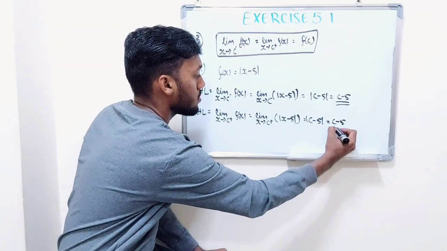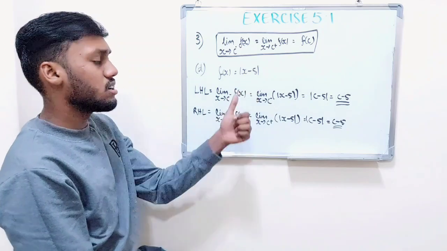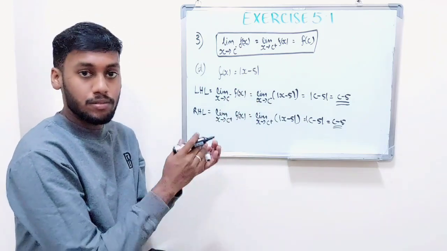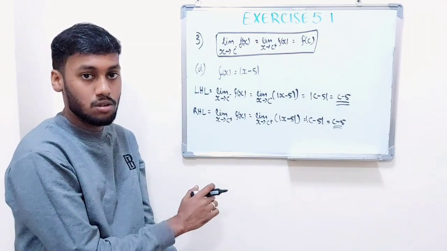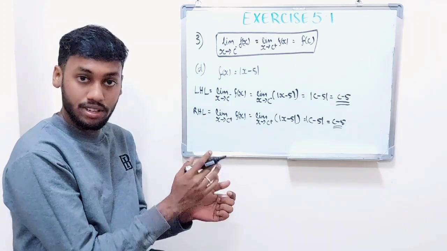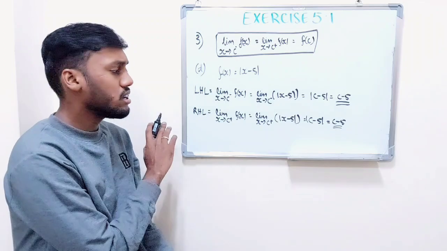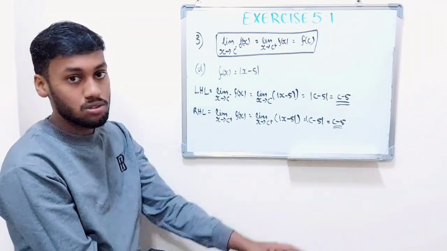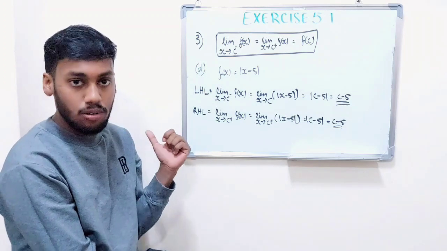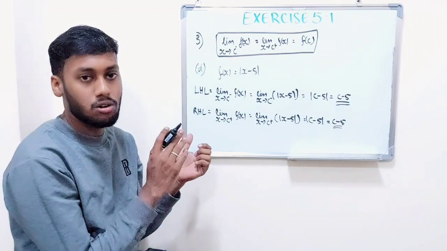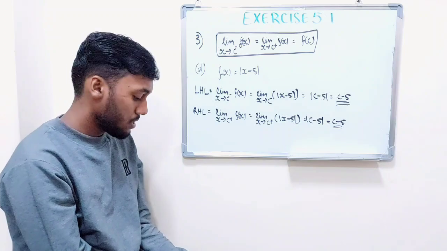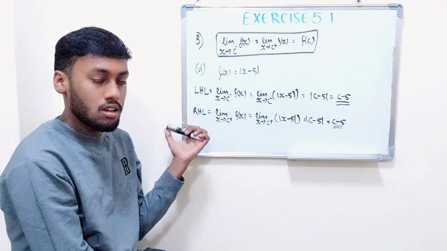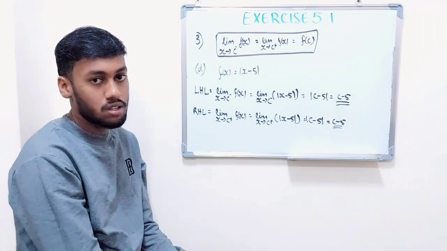Here they didn't give any conditions, for example, that the function becomes 0 if x is less than 0, and becomes 1 if x is greater than 0. They didn't give any condition, so we'll just write absolute values here, or else if they gave conditions then we'd make some modifications accordingly. So here we'll just prove that LHL equals RHL, hence it's a continuous function at all points in its domain.